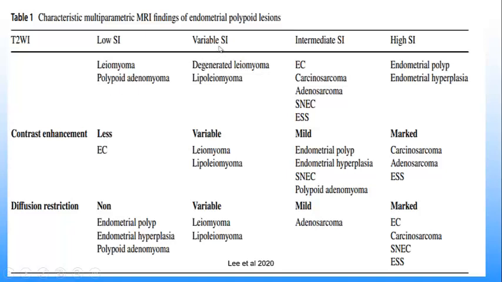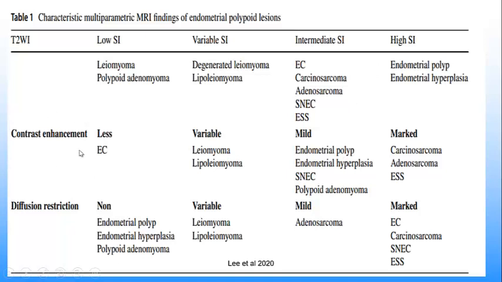Variable signal is seen with the degenerated leiomyoma and the lipoleiomyoma. Of intermediate signal intensity are endometrial carcinoma, carcinosarcoma, adenosarcoma, and endometrial stromal tumors. All of these can give intermediate signal. Endometrial polyp and endometrial hyperplasia can give high signal intensity, as we said before, more high and with cystic changes in most cases.